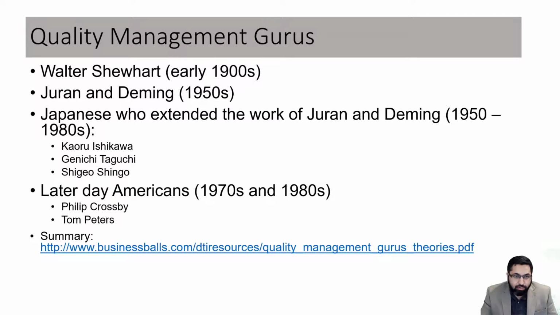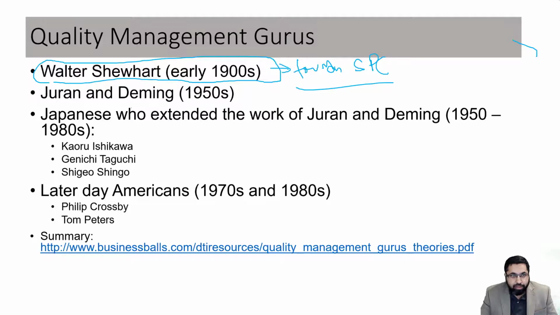Just a summary on some of the main figures in quality management. If you want to read on them, read their biographies or read classic books by them if you're interested in quality. So Shewhart was, very early on, perhaps we can say the founder of statistical process control, right? And then Juran and Deming extended his ideas. And then the Japanese who extended the work of Juran and Deming were Kaoru Ishikawa, Taguchi, Shigeo Shingo, right?